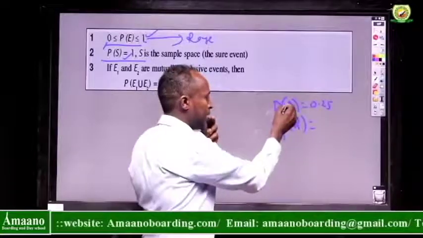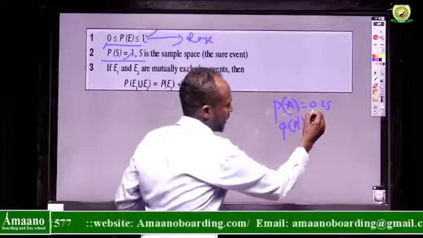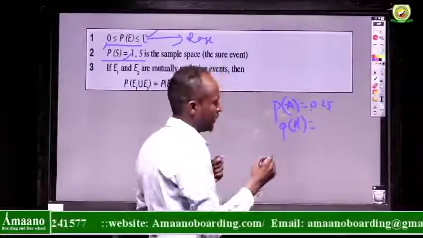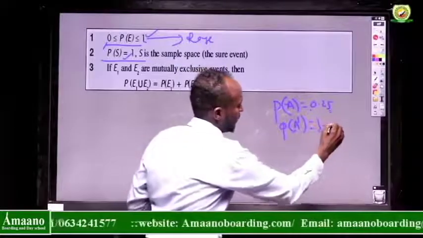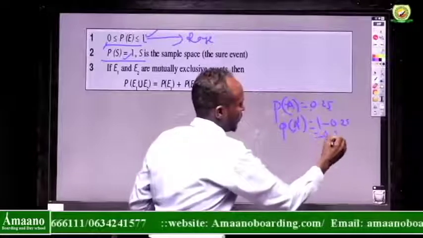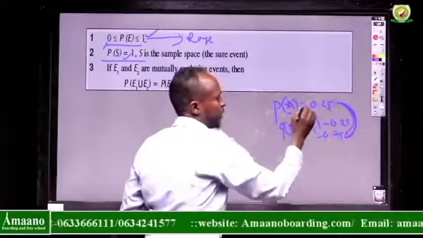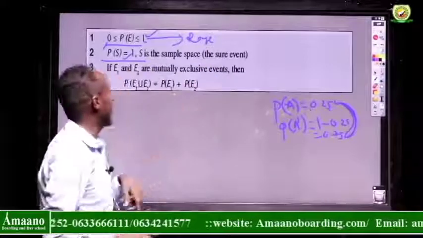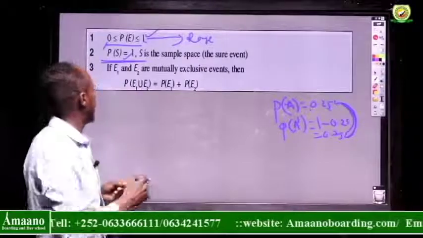Either you will pass the exam or you will fail. If you pass the exam with 0.25, then the probability that you are failing is 1 minus 0.25, which is 0.75. If you add these 2 probabilities, which is the sample space, we have 1. Therefore, if you add all the probabilities of a sample space, it's always 1.